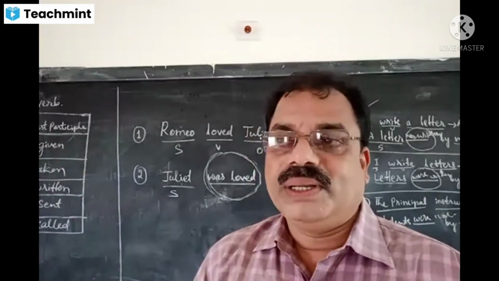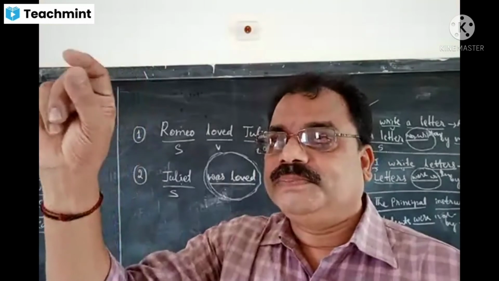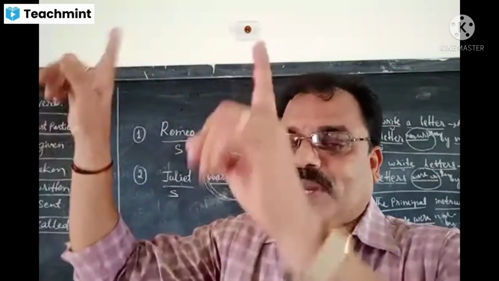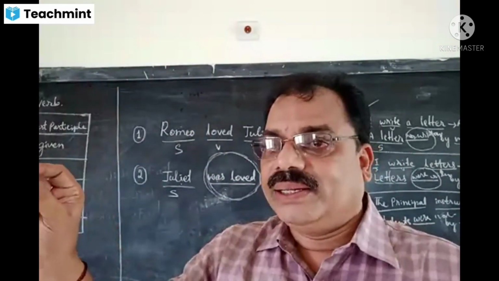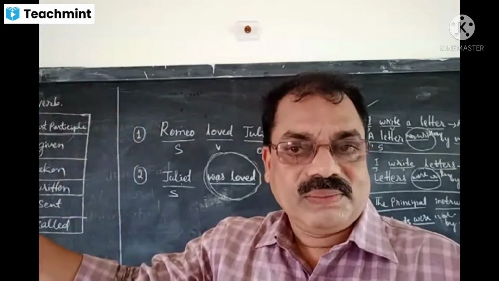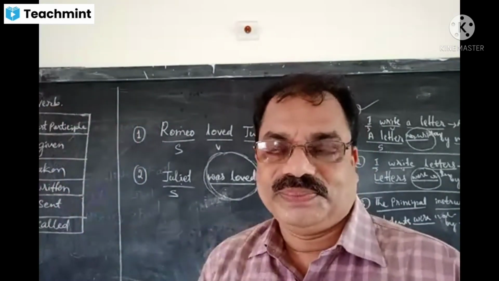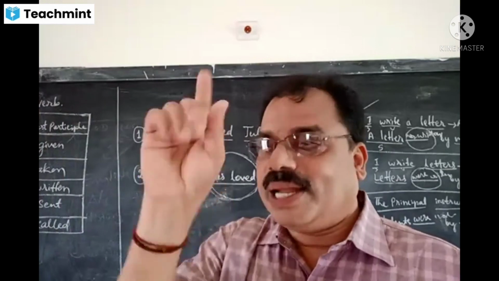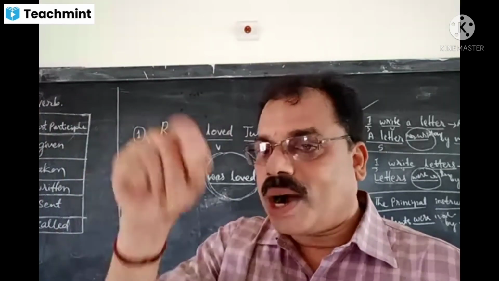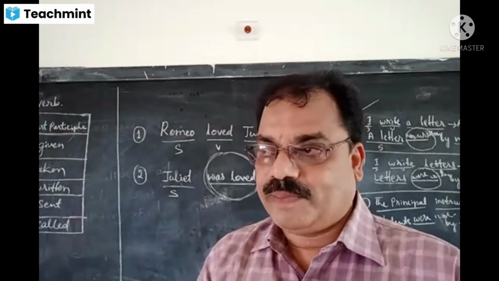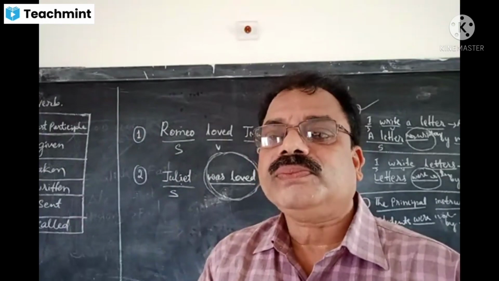For example, a letter dash, in brackets write, by the king. The answer is: a letter was written by the king. Okay.